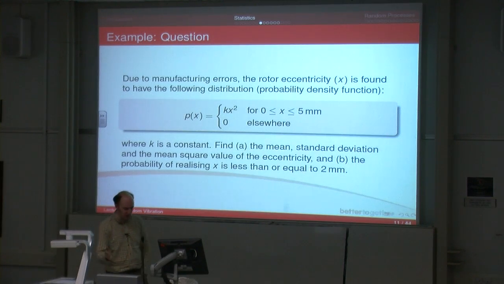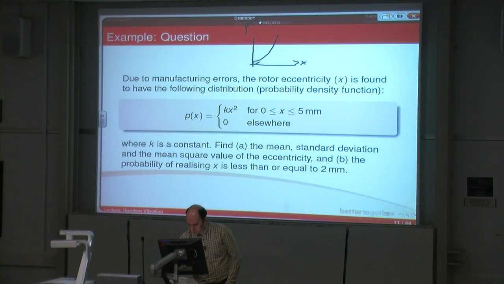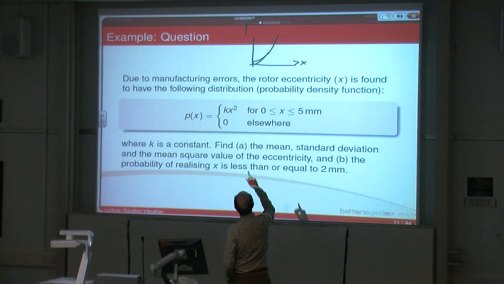So I've got my function, my PDF, it's going to be some shape. Let's see if I can draw a shape. So it's some kx squared. So if this is x, this is P of x. It's going to look something like that, obviously coming up from 0.